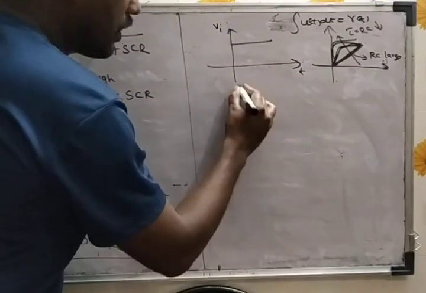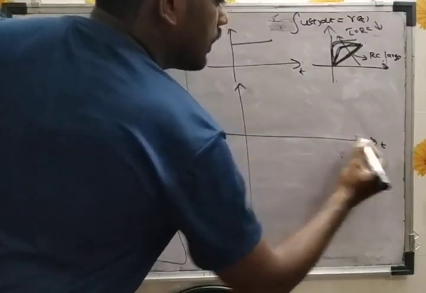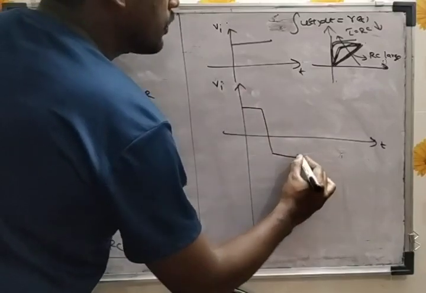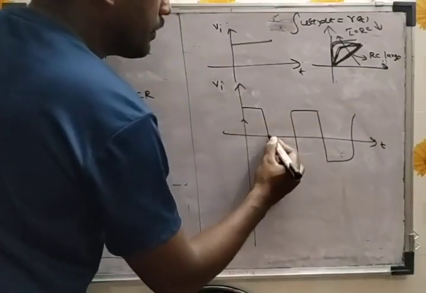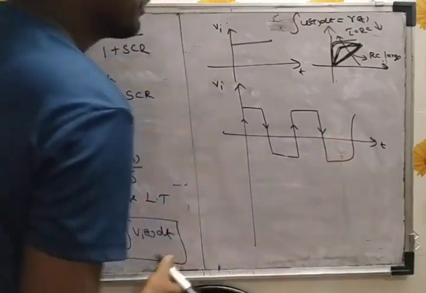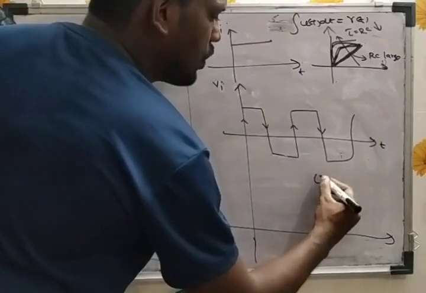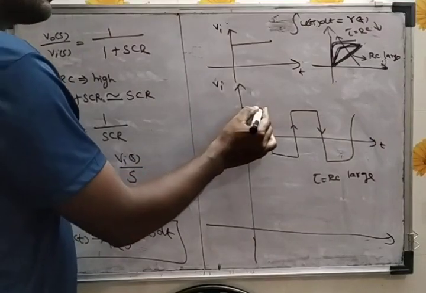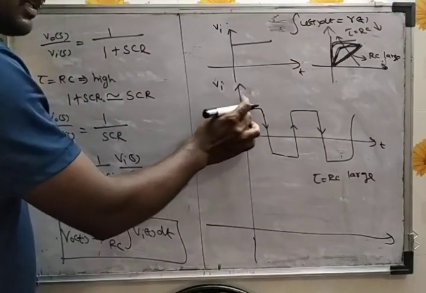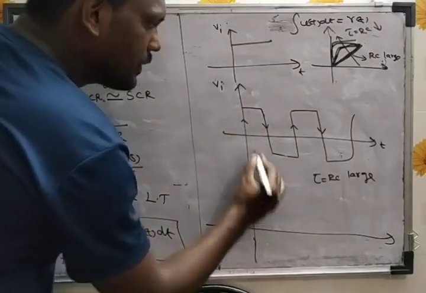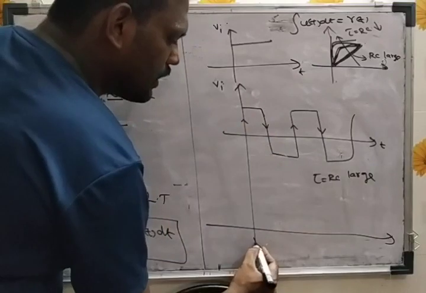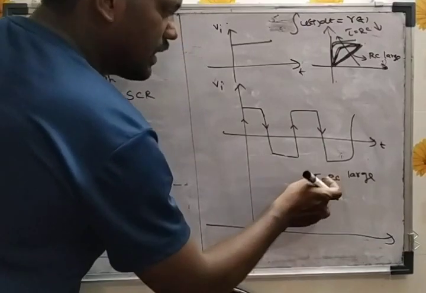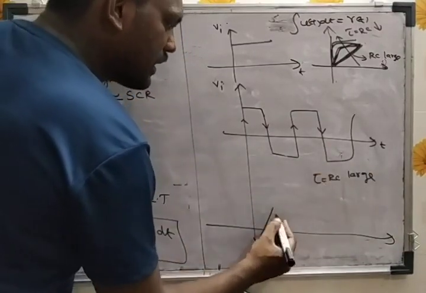If RC is very large, you will get a ramp signal. Consider a square wave VI versus t. If we set tau equal to RC large, then for each constant step you will get a slope like this.